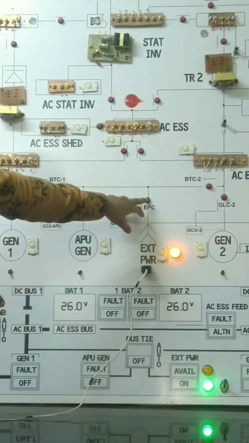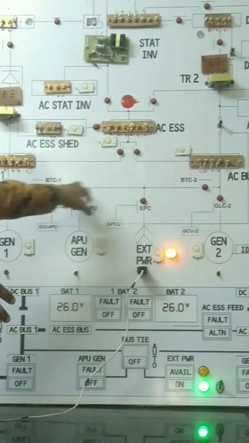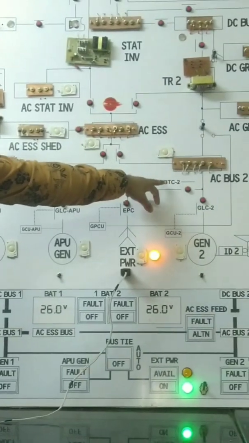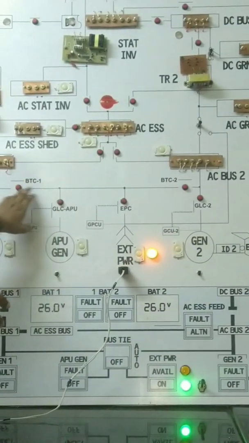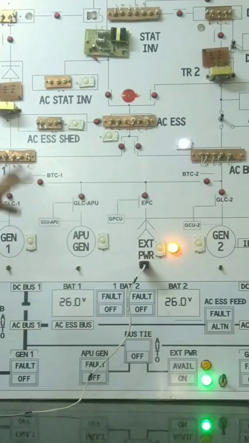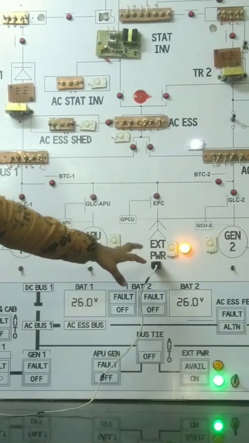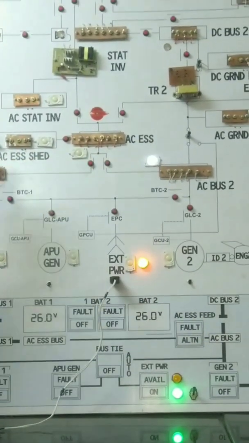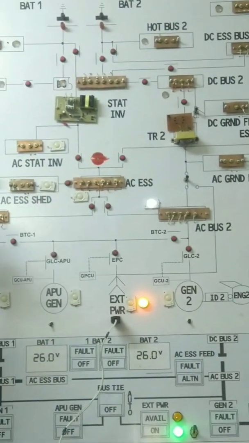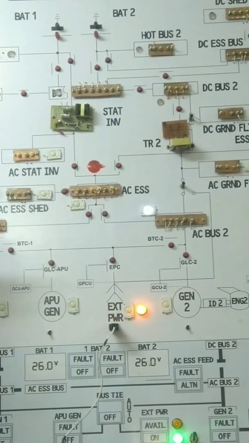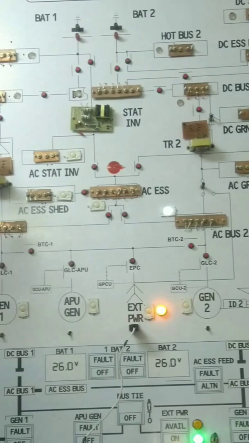Okay, when the EPC is on, then bus tie contactor 1 and bus tie contactor 2 turn on automatically. Then similarly, the external power supply goes to AC bus 1 and AC bus 2. You see, AC bus 1 supplies AC voltage to the AC essential and AC shed buses, then AC bus 1 supplies the DC bus 1 through the TRU.